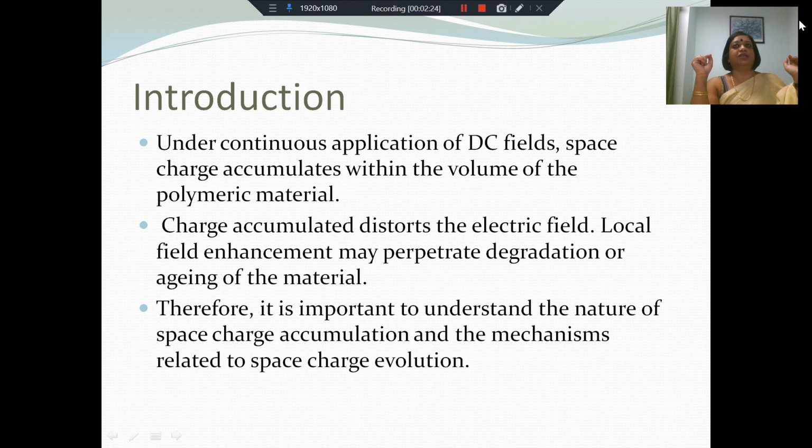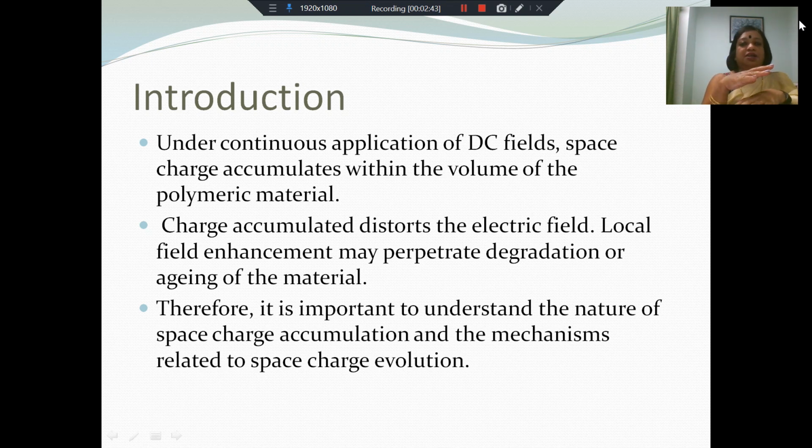However, when in addition you also have space charge accumulated, there will be an additional electric field due to the space charge. So you have the applied electric field, which is the Laplacian field, and in addition, you have the Poisson electric field due to the trapped charges.